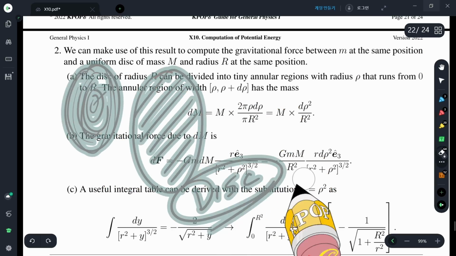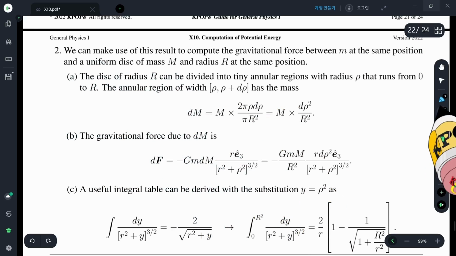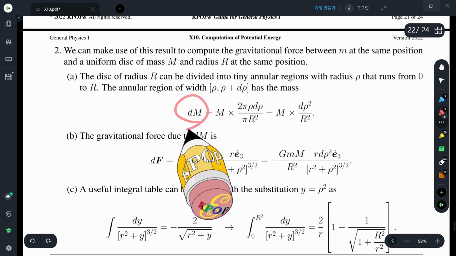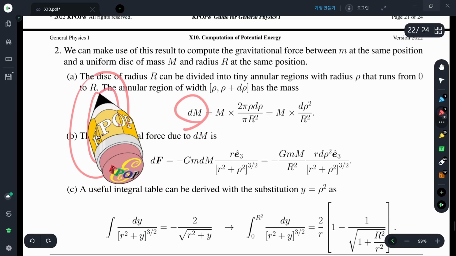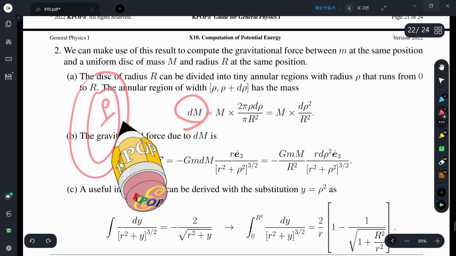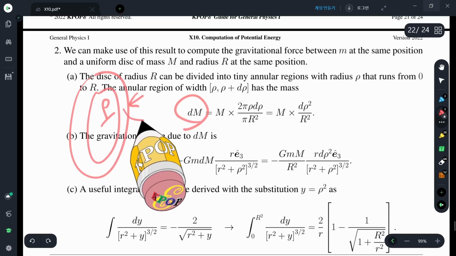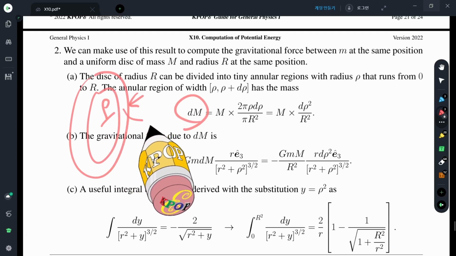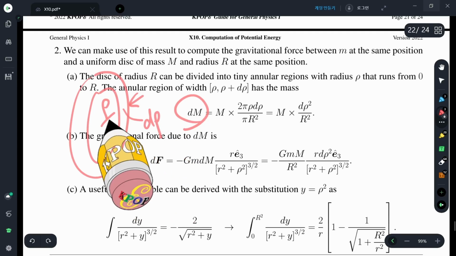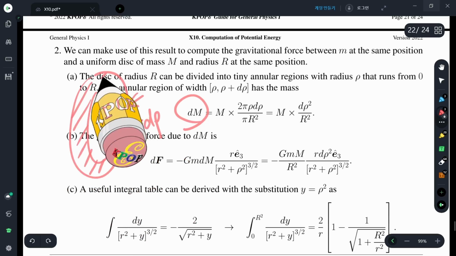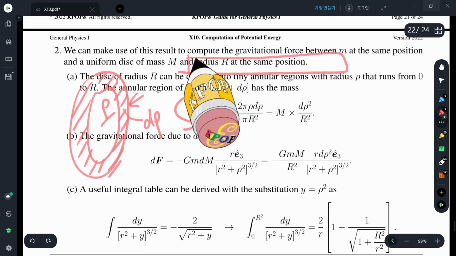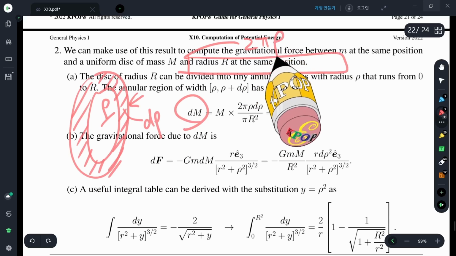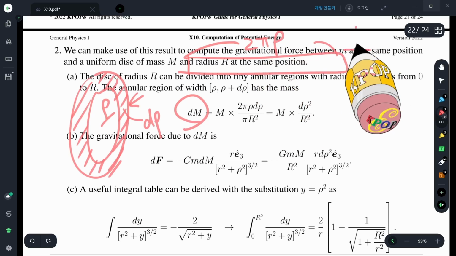If I want to evaluate the disk, then the mass: we have a rho, and the thickness of this annular region is d rho. In that case, what is the area? This length is 2 pi rho, and the thickness is d rho.